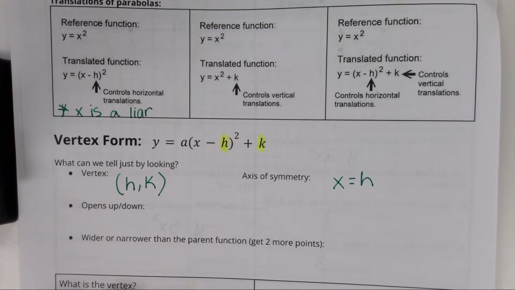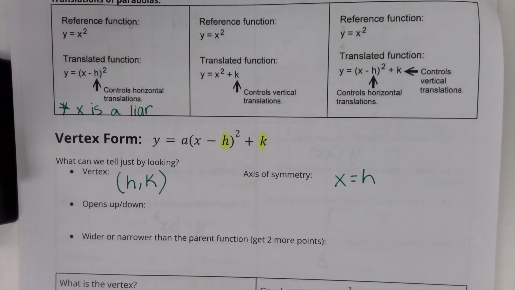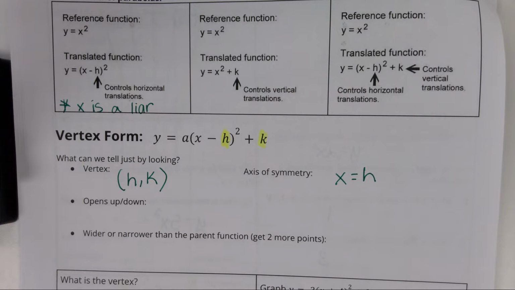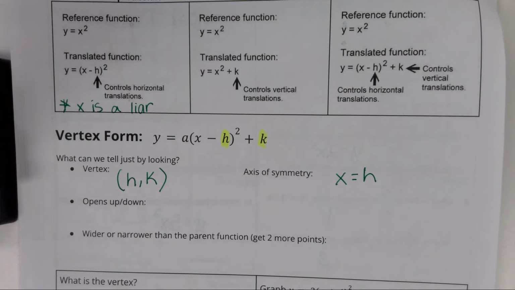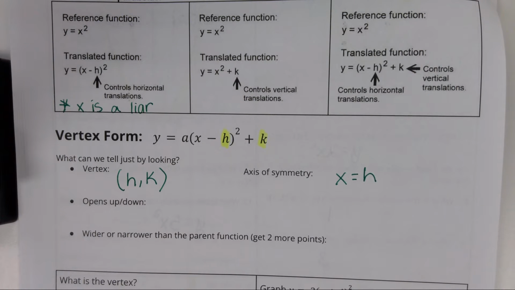What we're also going to see sometimes are vertical stretches or shrinks, which is in front. And how do we tell if this opens up or down? I was going to ask, if the parabola is sideways, would it be k for the axis of symmetry, like on the y-axis? Good question. Sideways parabolas, you're not going to learn them this year, we're not going to study them, but that is an interesting question.